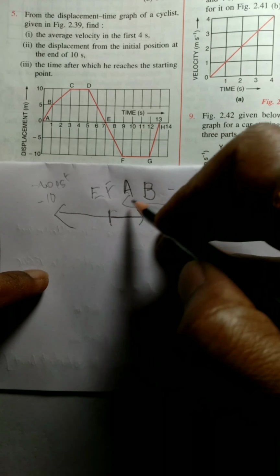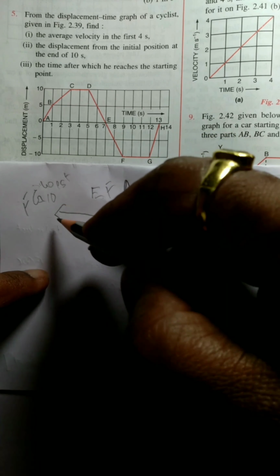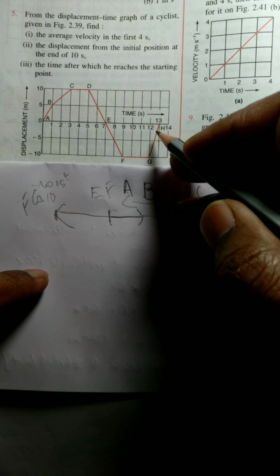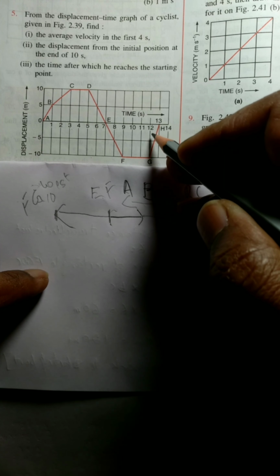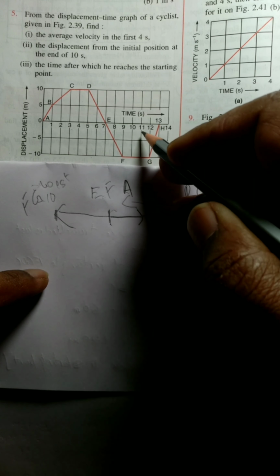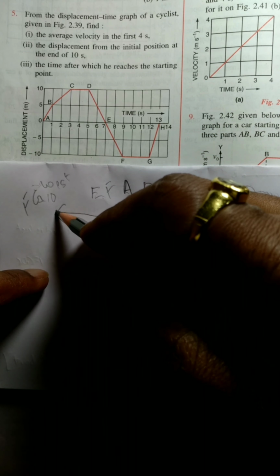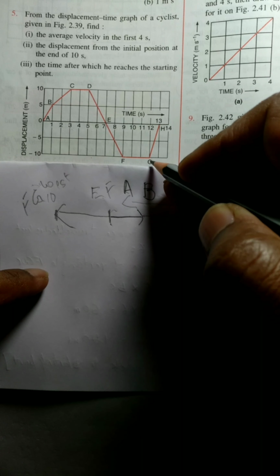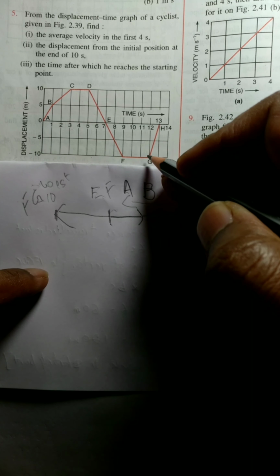Now the portion FG. What happens is it stays here for how many seconds? From 9 seconds to 12 seconds, so 1, 2, 3, for 3 seconds it stays here at rest. And then the last portion G to H, you see the graph is moving up.